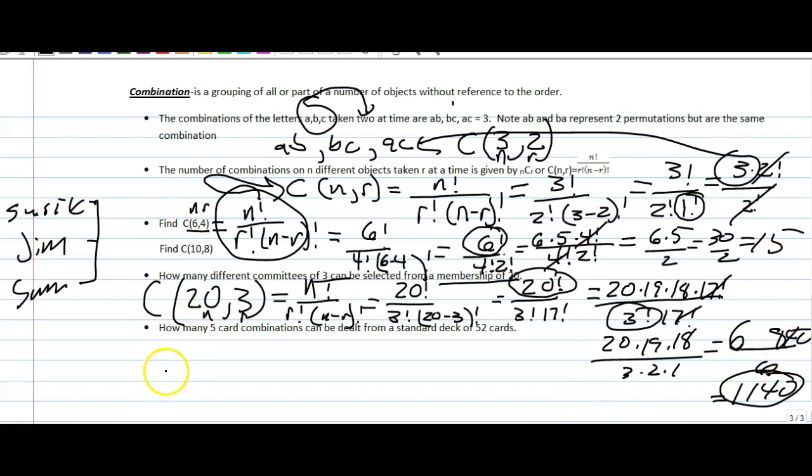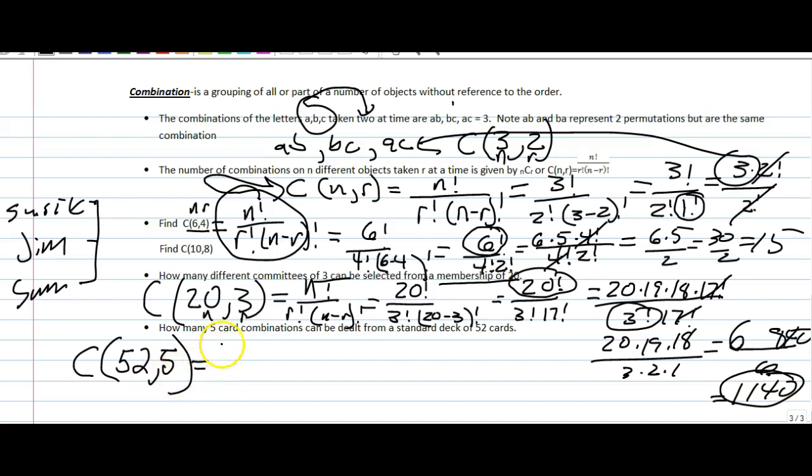Now the last problem that we'll look at is how many 5-card combinations can be dealt from 52 cards. So what I'm asking you is, how can we select 5 cards from 52? There are 52 cards in the standard deck. How many 5-card combinations would there be in a 52-card deck?